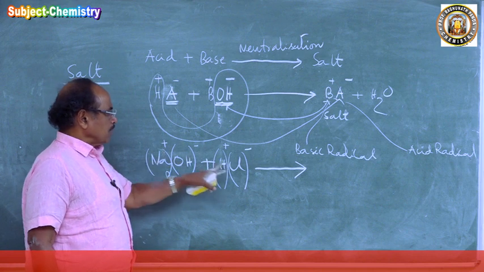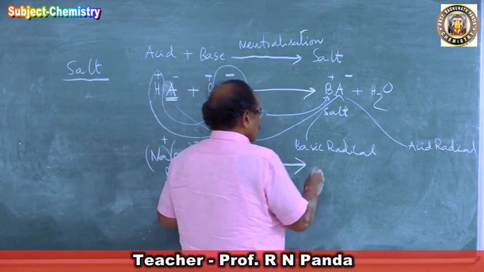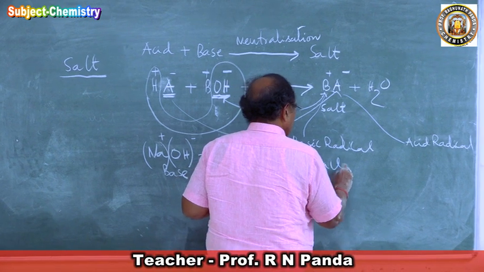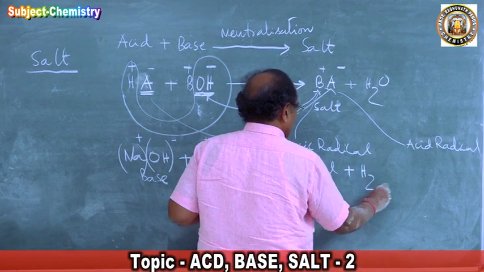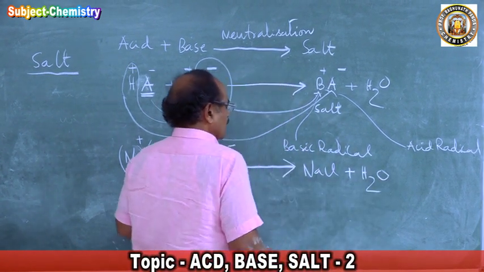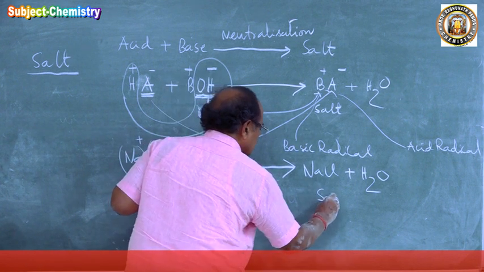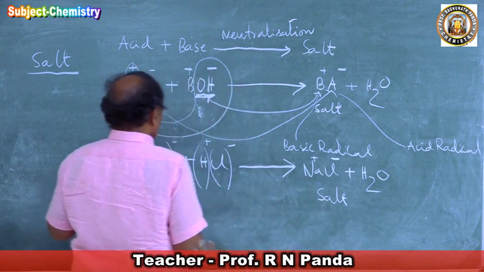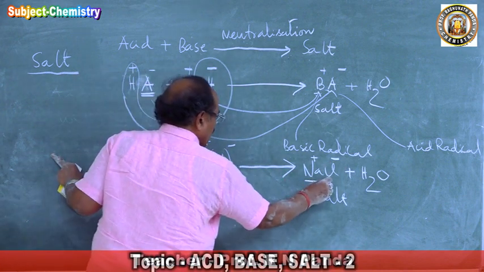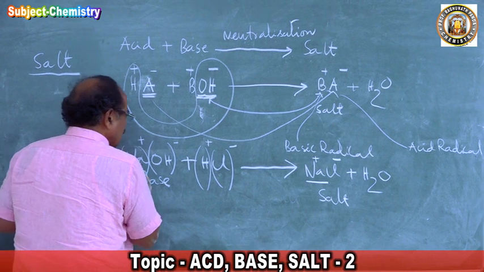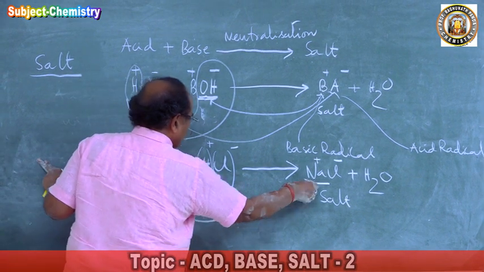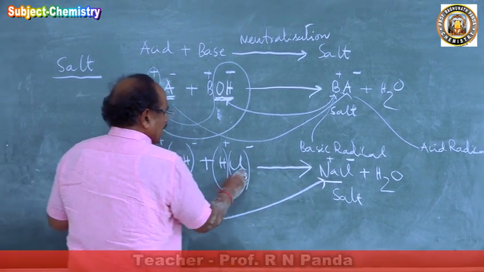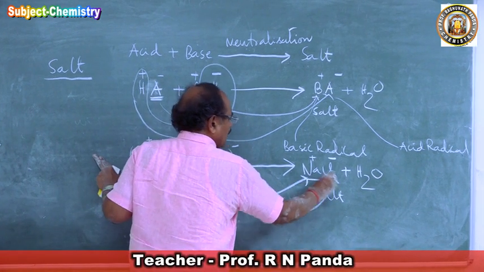Sodium is positive, so it will be attracted to chloride and form NaCl, and H plus will combine with OH minus to form water. Now this sodium chloride is a salt. This is Na plus and Cl minus. Na comes from the base, and Cl comes from the acid.